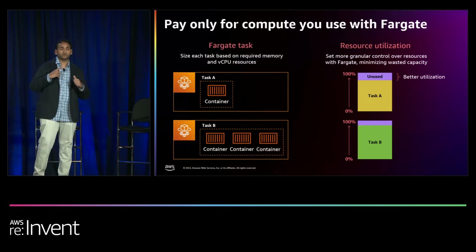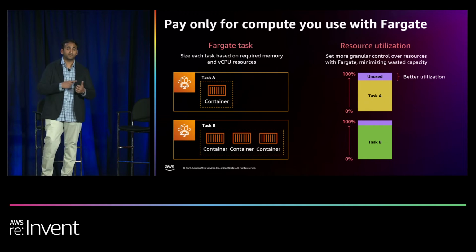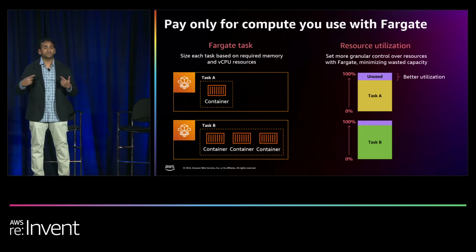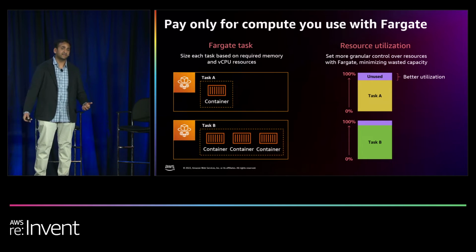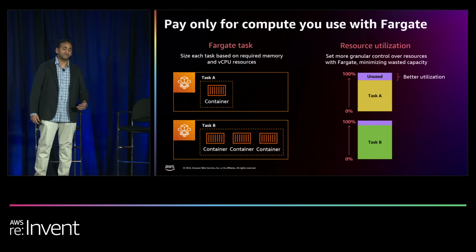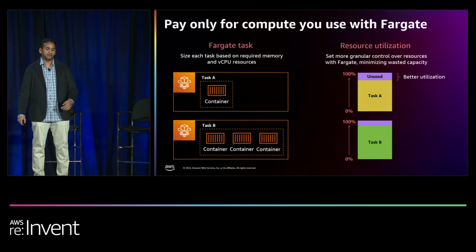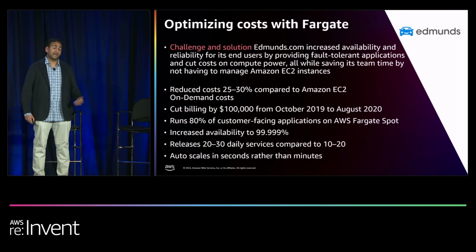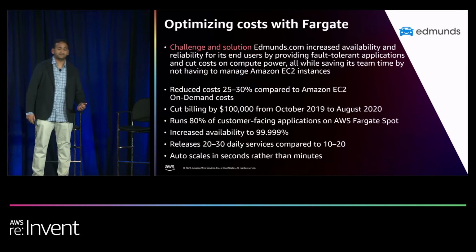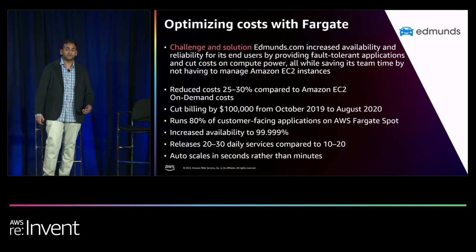First, you want to right-size your tasks so that you're not paying for compute that you aren't utilizing. And second, you need to make sure your service size is correct. As long as those two are fine, you will never be over-reserving and underutilizing capacity that you're paying for. And this is why we've seen customers like Edmunds reduce costs up to 30% by switching to ECS Fargate from EC2 on demand.